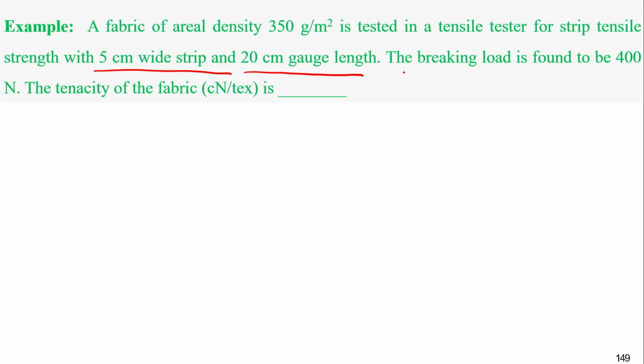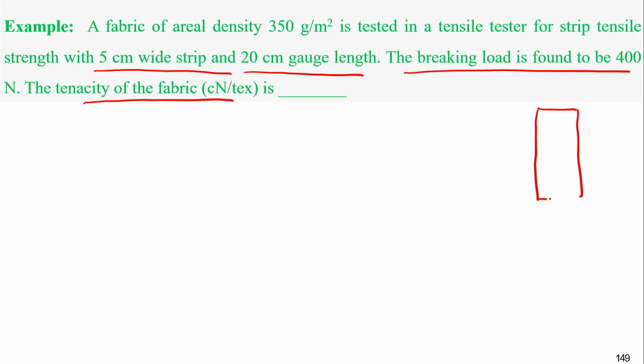The breaking load is found to be 400 Newton and tenacity we have to measure, in centinewton per tex. So, we can see here a rectangular fabric where the dimension is given, its length is 20 centimeter and the width is 5 centimeter.